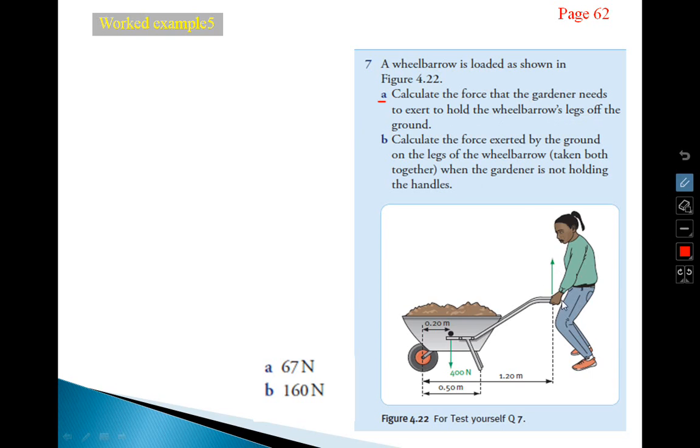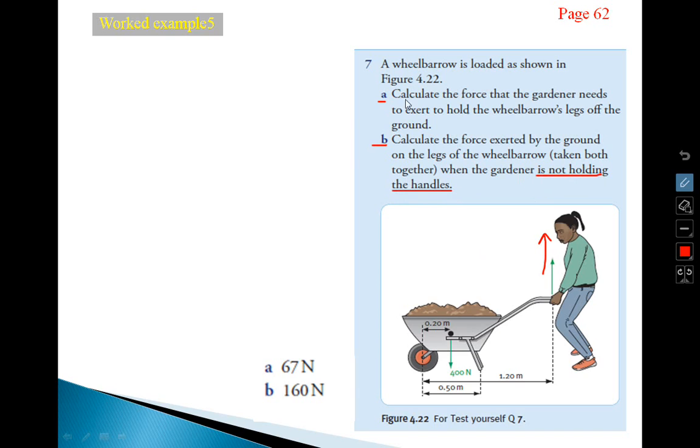There is a force here, from the gardener's hands, lifting the legs of the wheelbarrow off the ground. Section B: calculate the force exerted by the ground on the legs of the wheelbarrow, taken both together, when the gardener is not holding the handles anymore.